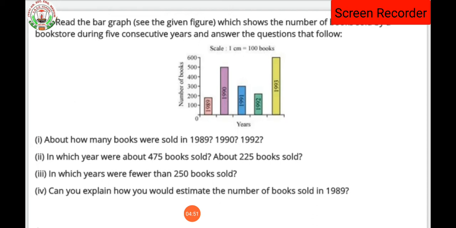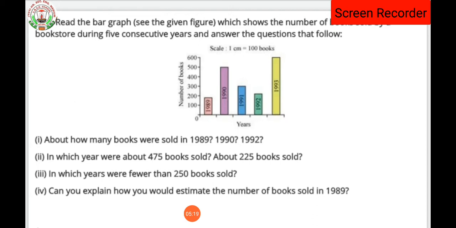Then question number 2: in which year were about 475 books sold? As I told you, suppose in the year 1989 the bar is between 100 and 200, like that I said, no? That's why here 475, because it is more than 400 but less than 500. So we have to name the year.